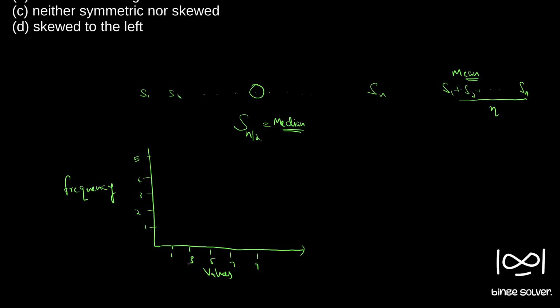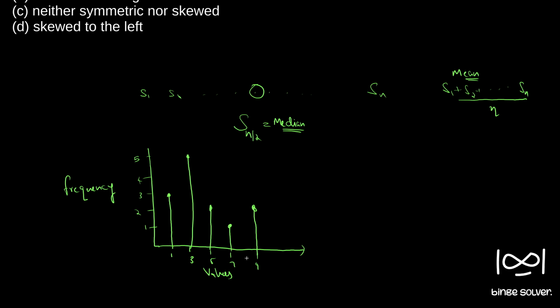Say these are the numbers that appear in our set of numbers. So say 1 appears 3 times, 3 appears 5 times, 5 appears 2 times, 7 appears 1 time, and 9 appears 2 times. So this is the frequency of the given set of numbers.